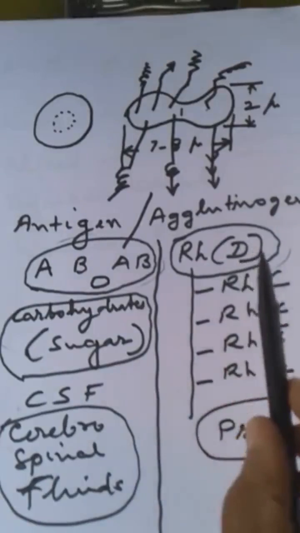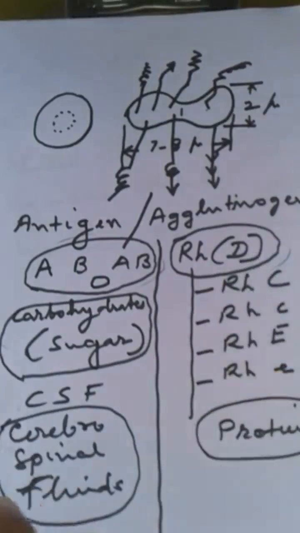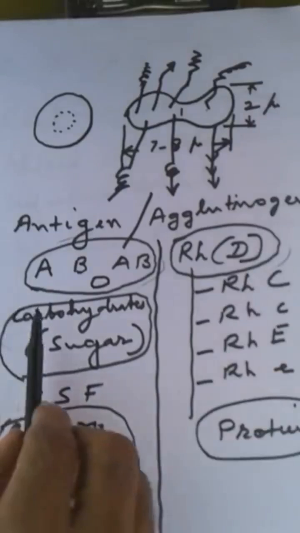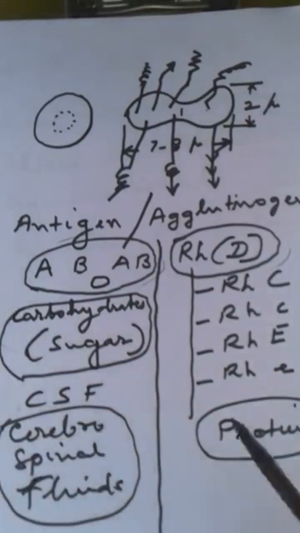So, RH is protein, ABO is sugar. ABO is found in red blood cells, white blood cells, platelets and all other cells, and also in secretions like tears, milk and the like.